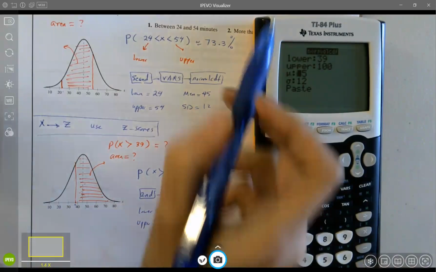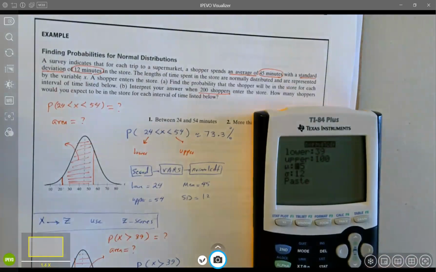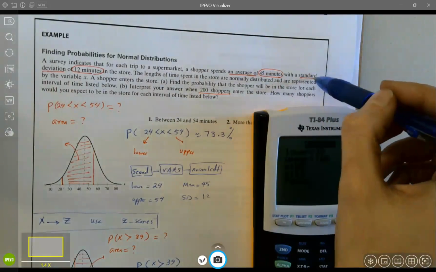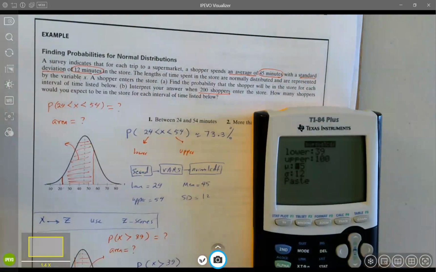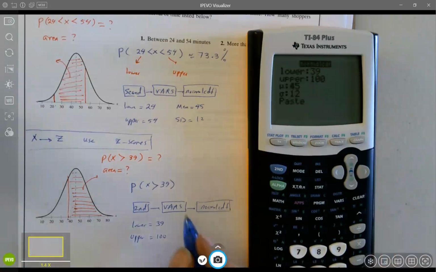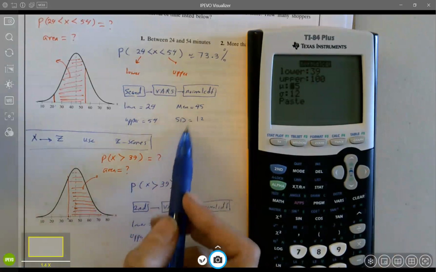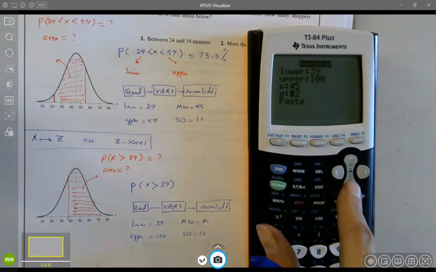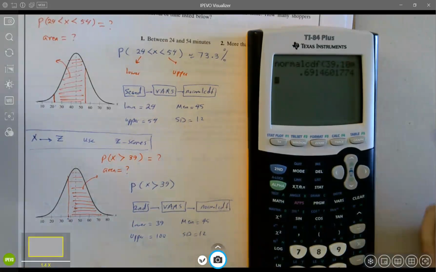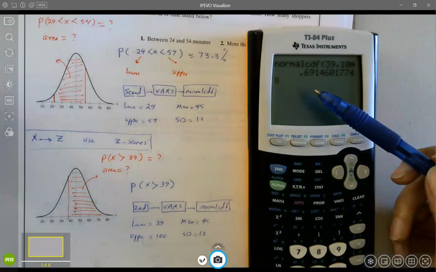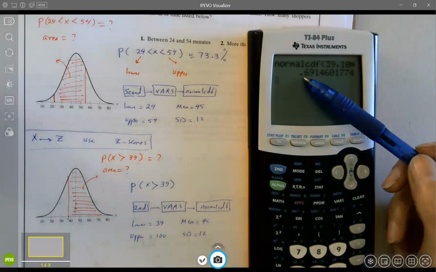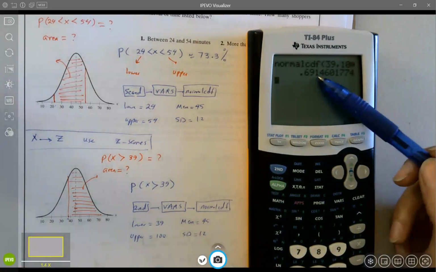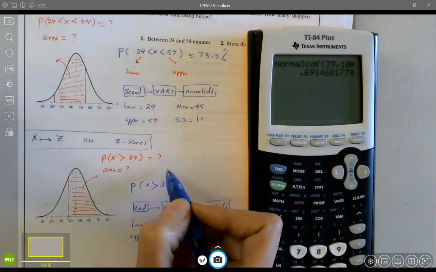The mean of the data, as you can see, is 45 minutes with a standard deviation of 12 minutes, the same mean and standard deviation that you used for question 1. So what's the probability? The probability for one shopper is 69.1%.